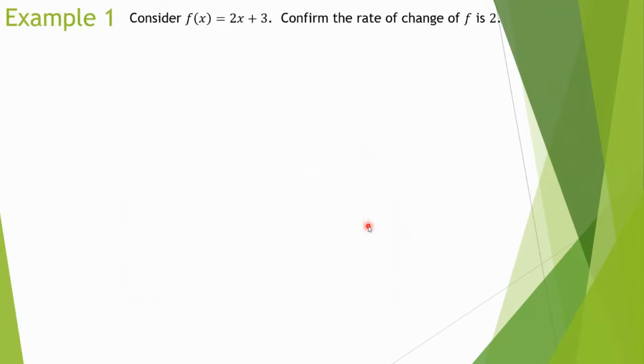So here's a linear function. f(x) = 2x + 3. Here, what I want you to do is to confirm the rate of change of the function is 2. If you think about the mx + b stuff, you know it's going to be 2 because the slope, rate of change, is the coefficient of x.